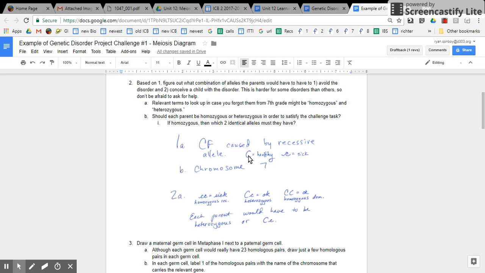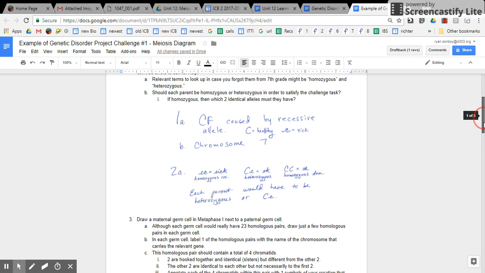So, if my troublesome allele is the recessive one, I'm going to use a little c to represent the allele that contributes toward sickness, and big C to represent the allele that helps contribute to health. And I also found through my research that it's found on chromosome 7. So you need to do the equivalent research for your genetic disorder.